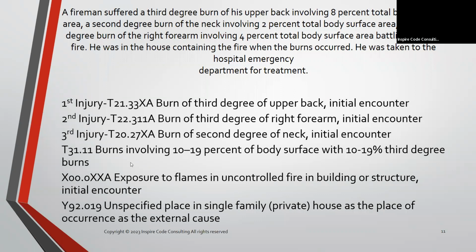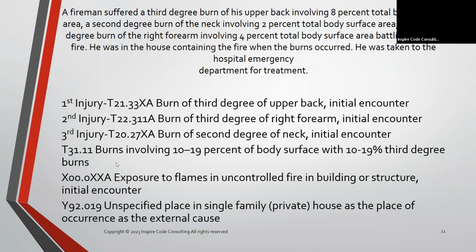So basically this patient has 14% total body surface area with 12% of that being third degree burns. So that's how we code the burns.